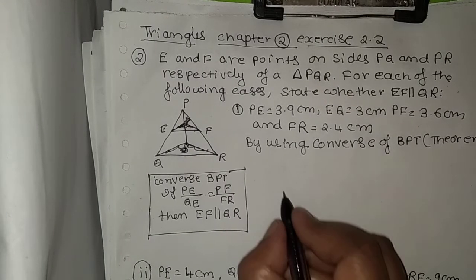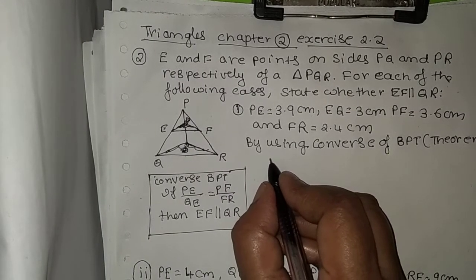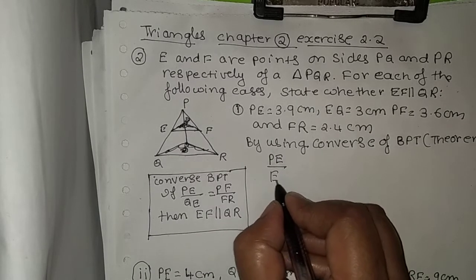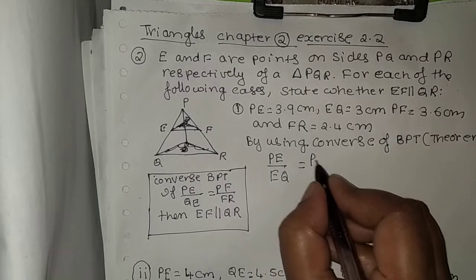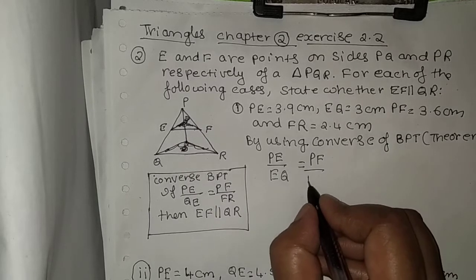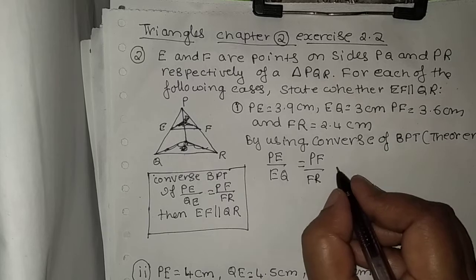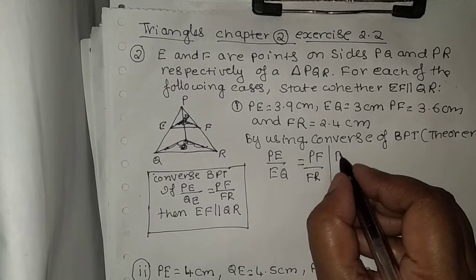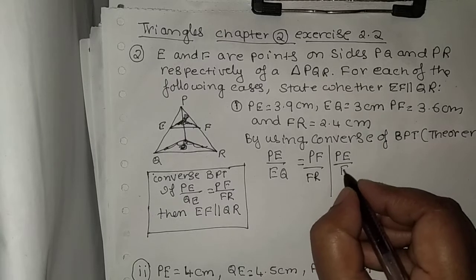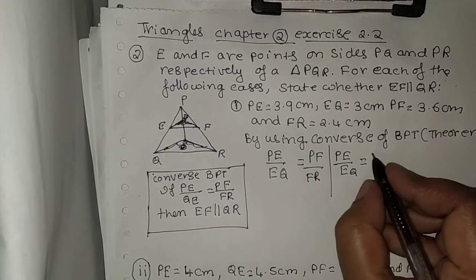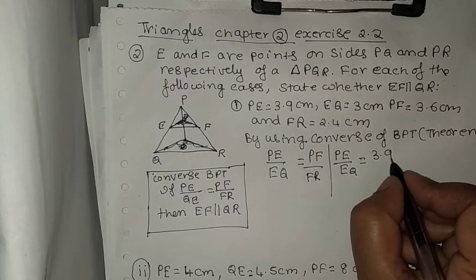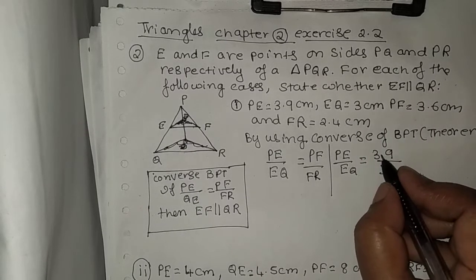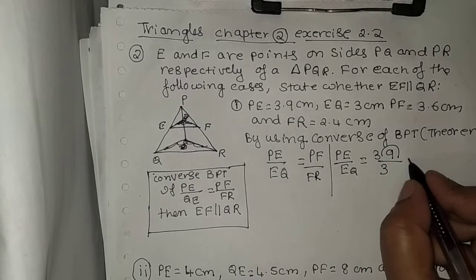Next step, we write PE by EQ is equal to PF by FR. Then we will substitute here. Consider PE by EQ. PE is 3.9 and EQ is 3, so shift the decimal point.